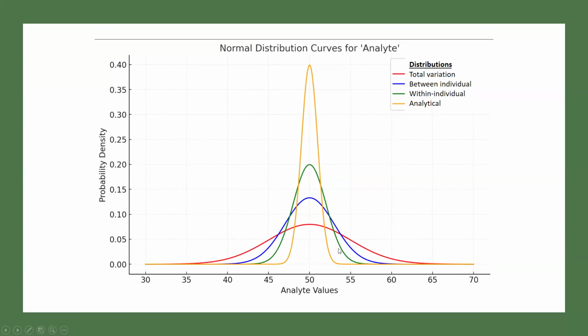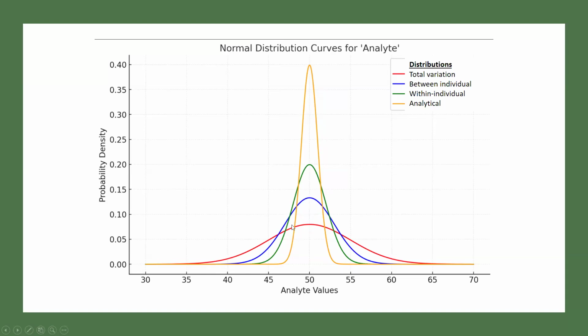And then if you actually add all of these variances together, you can produce an overall total variation that you can see in the red line that will describe what the population would look like if you went along and took one value from each person in the population, and you would get something that looks like this, because each individual value would be something that looks similar to the average.